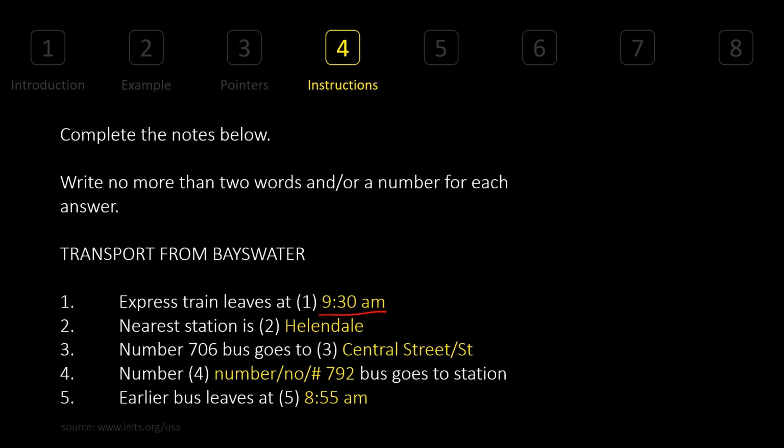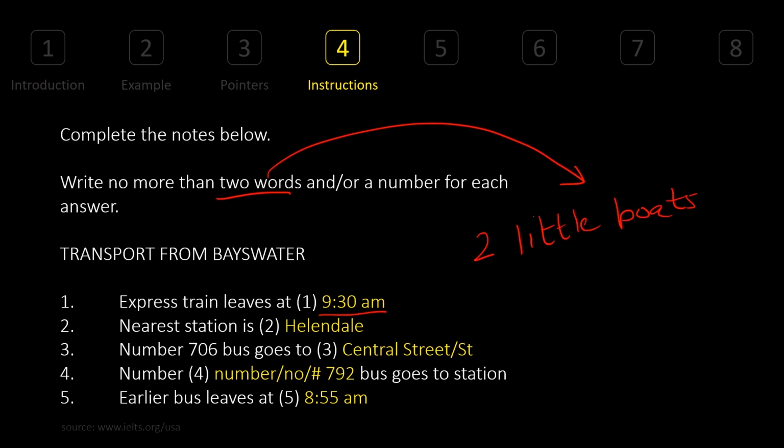Let's say we have an example where we say 2 little boats. This won't be a trouble. The reason is we have fulfilled the 2 words instruction or the rule, and then a number is added. This is still fine according to the instruction. You might be thinking, oh, this is 3. These are not 3. This is 1 word, second word, and or a number. This is still fine. Okay, I hope you understand what I mean by that.